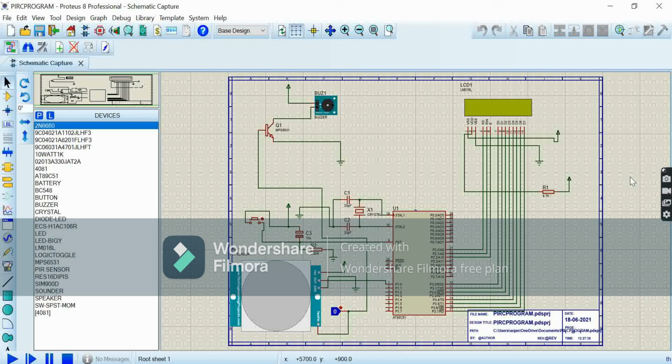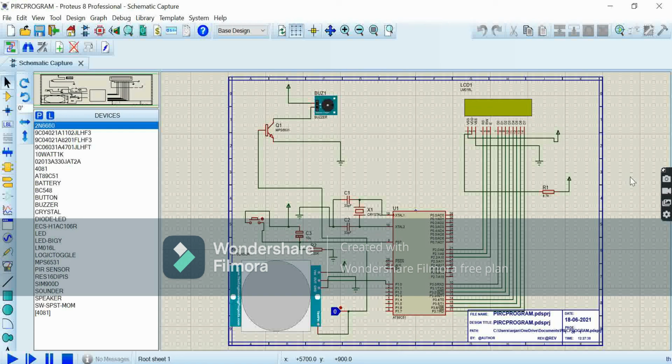Then the RW, read or write, is across port 2 first pin, and the enable pin is connected across port 2 second pin.